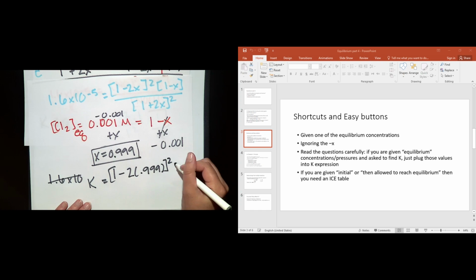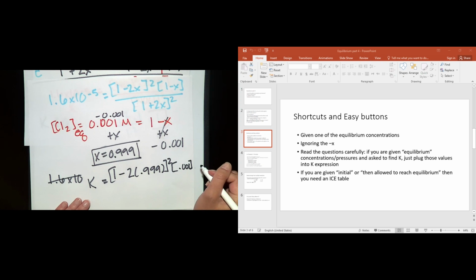This one I was given, chlorine, is 0.001. And then on the bottom, 1 plus 2 times 0.999, entire quantity squared.